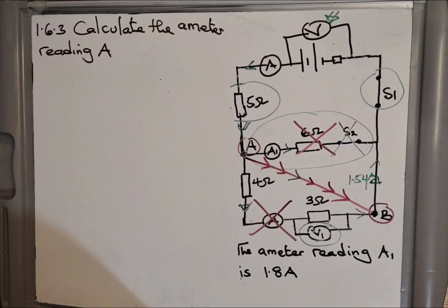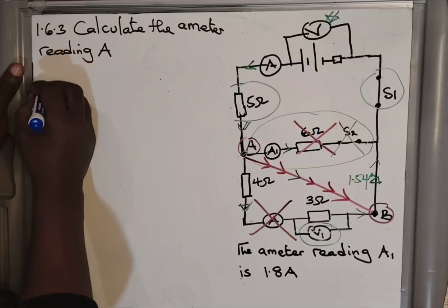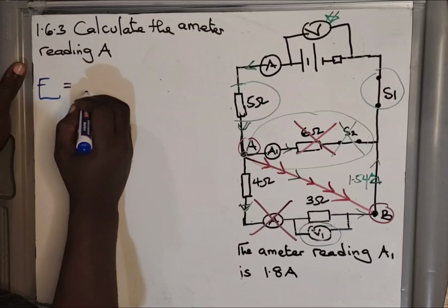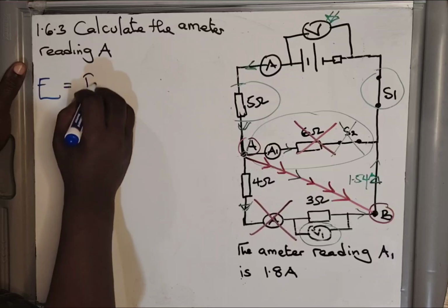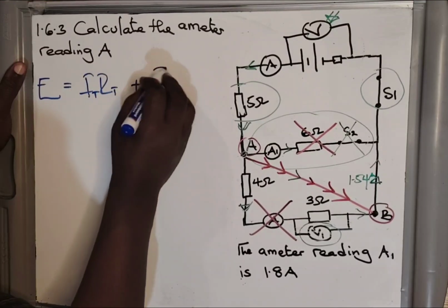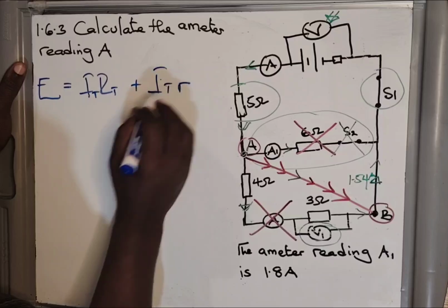Total external resistance, we have it. And we are looking for ammeter reading. So in other words, Ohm's law cannot work here, but you can approach it using the general equation, which says E is equal to I R total plus I total r.